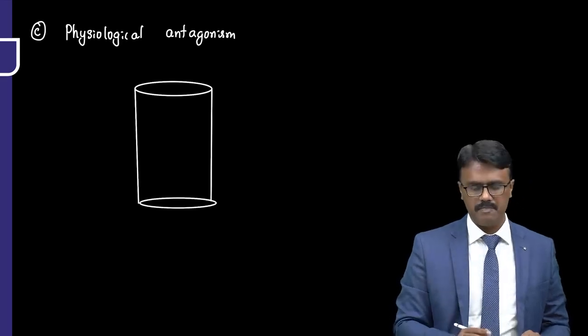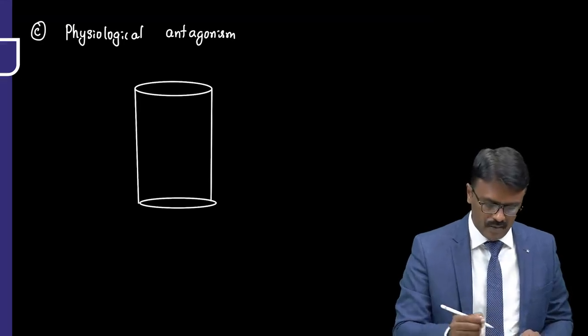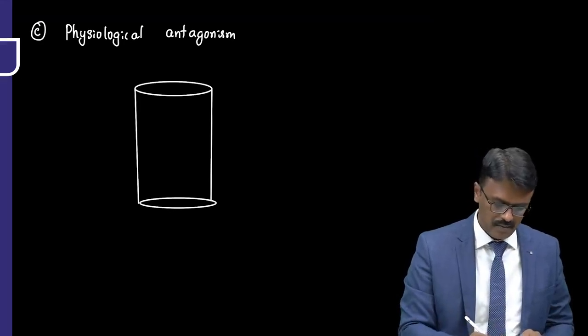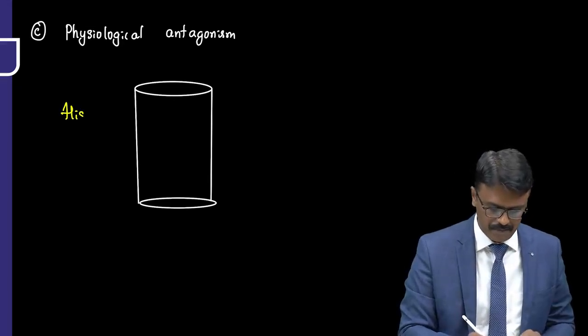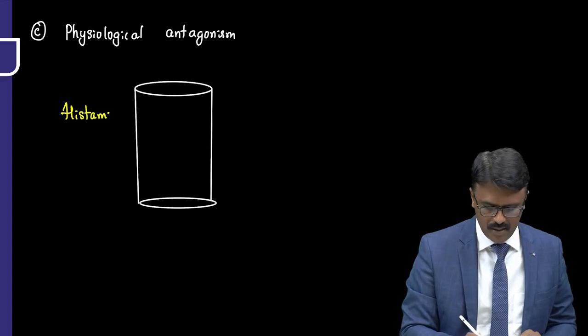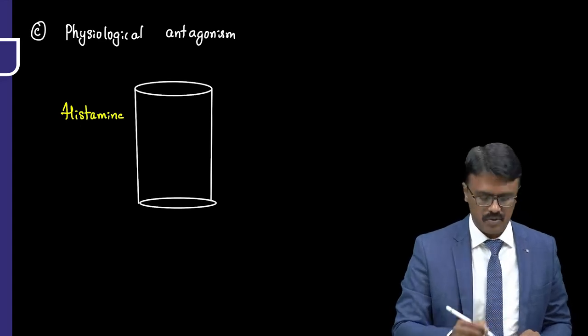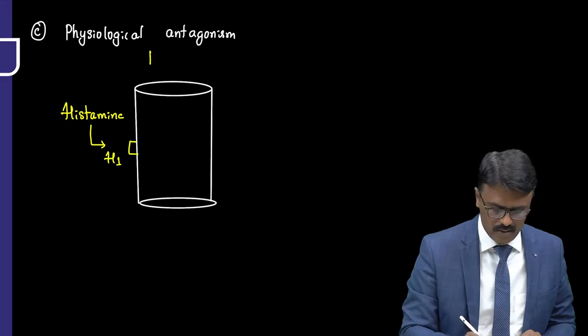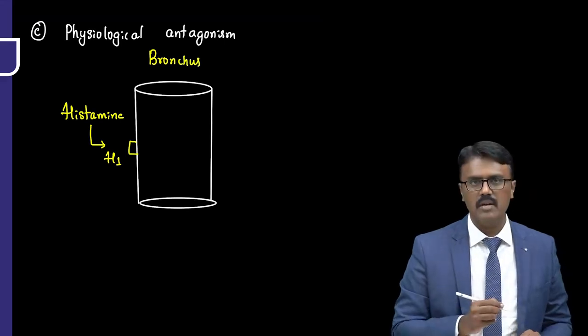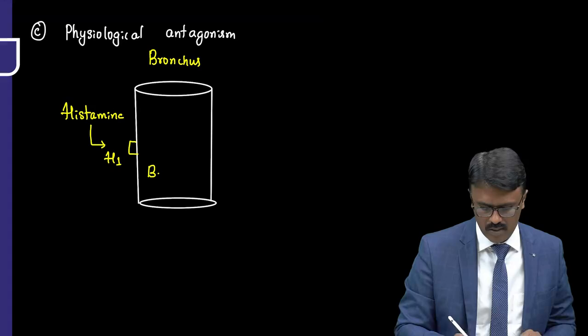This is the bronchus. Before I come to adrenaline, let me tell you this concept. Histamine. Histamine is an allergen. So when histamine comes and acts on the H1 receptor in the bronchus, what does histamine do? It causes bronchoconstriction.